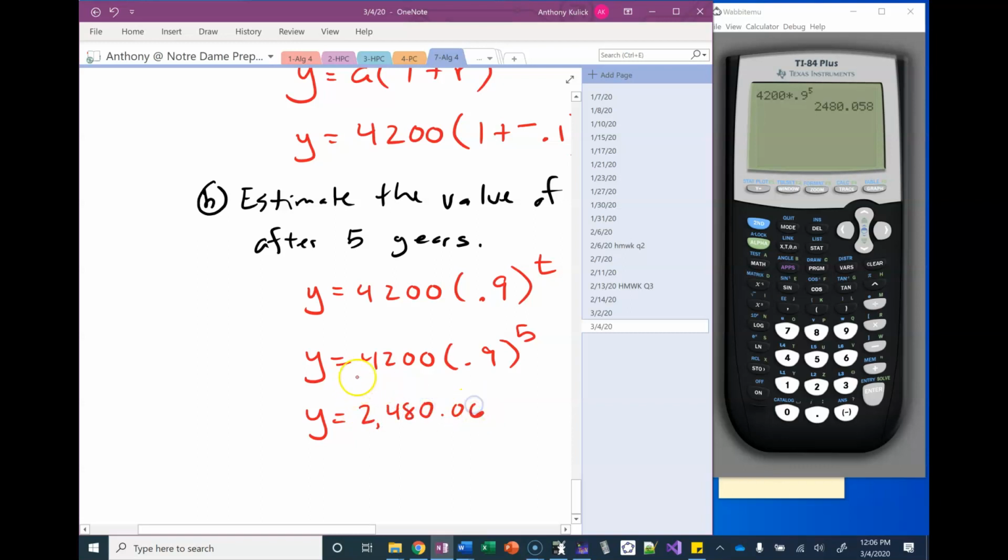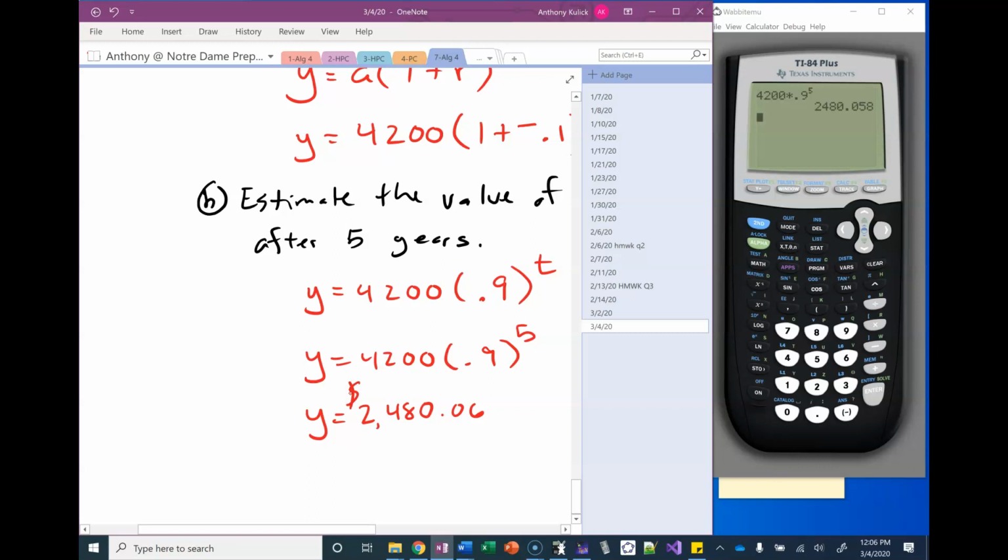I would round it like this. Why would I round it there? What is this quantity that we're getting? Money. So where should we round money to? The penny, right? Everybody feel okay there?